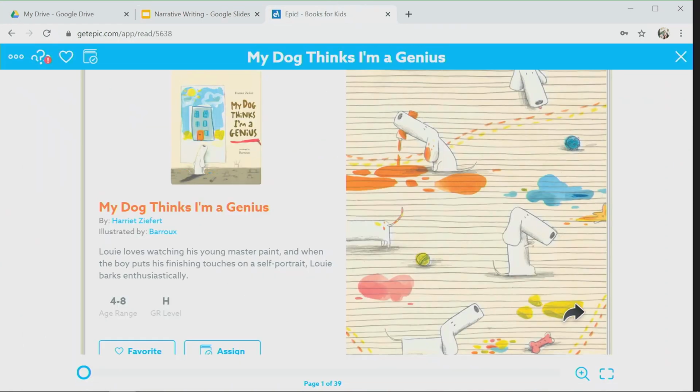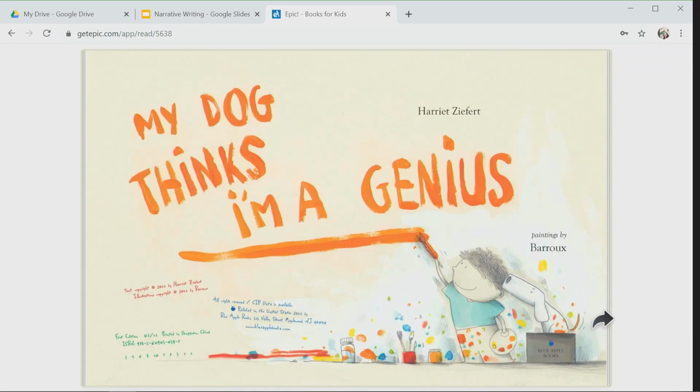All right, so this is our book called My Dog Thinks I'm a Genius. And the words are by Harriet Ziefert. So I want you to think, what was her job if she wrote the words? If you said that her job is called the author because she wrote the words, kiss your brain.